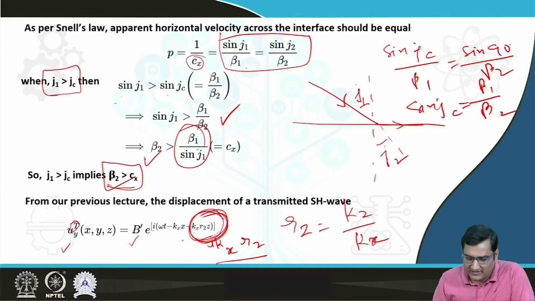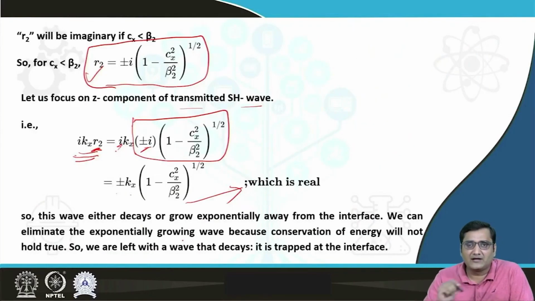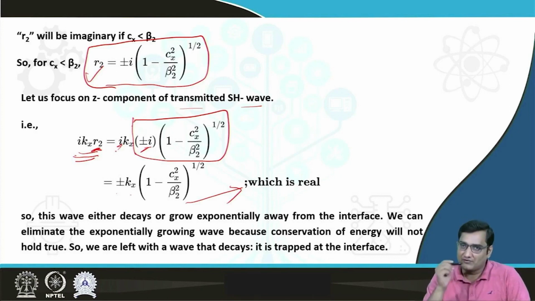So for this real quantity, you can consider either plus or minus. Suppose you are considering plus, then what will happen? The wave will basically grow exponentially away from the interface. If it is growing exponentially away from the interface, then the law of conservation of energy will not hold true.